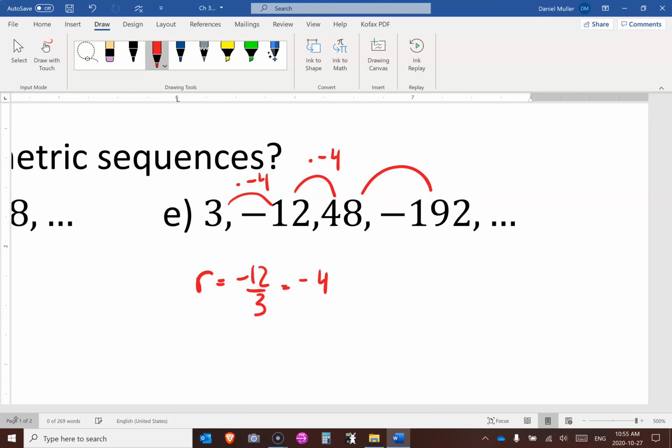Nice. And timesing by negative 4, a positive 48 times a negative 4 is a negative 192. Okay, so yes, it is geometric, and the common ratio is negative 4.